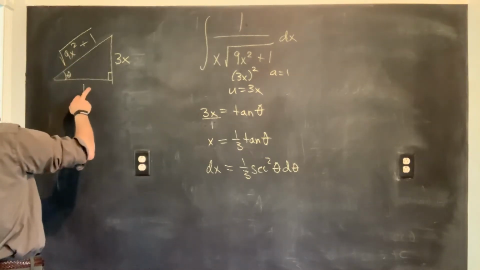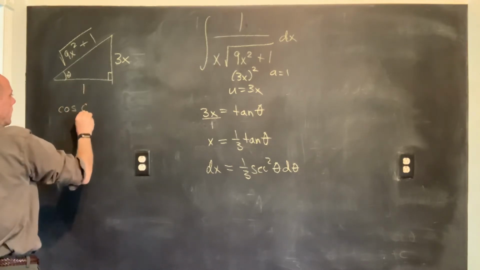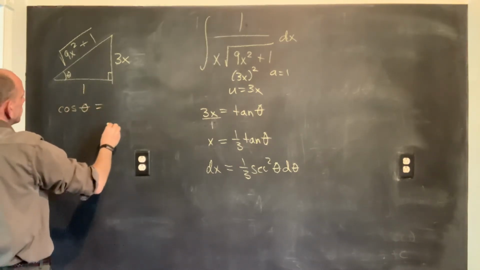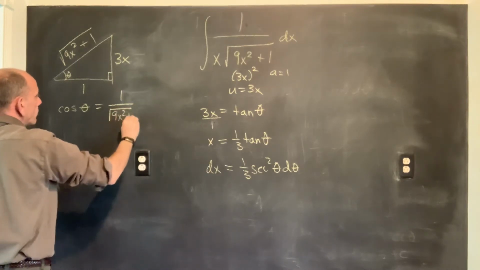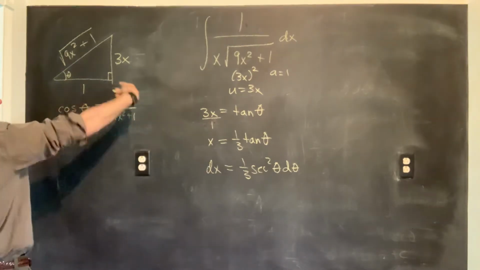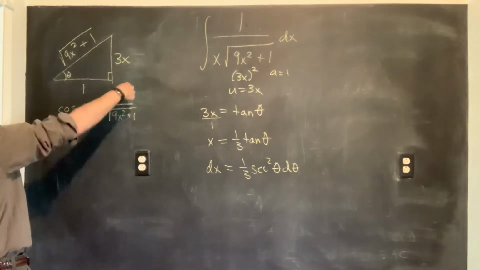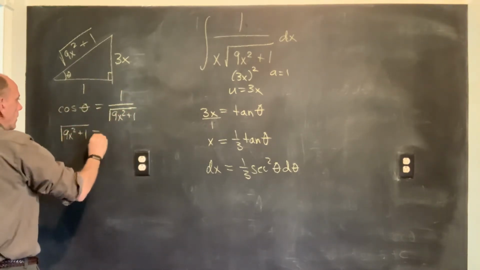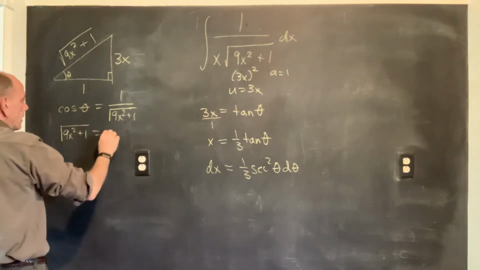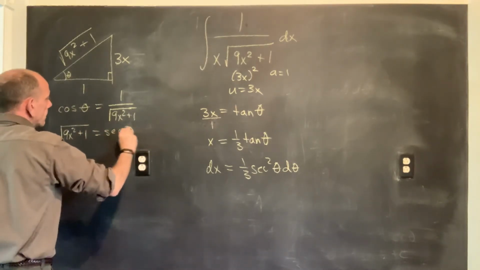Adjacent and hypotenuse tells me that the cosine of theta is 1 over square root of 9x squared plus 1. But I want the reciprocal, right? I'm trying to solve for this root. So the square root of 9x squared plus 1 is the reciprocal of cosine, which is the secant of theta.